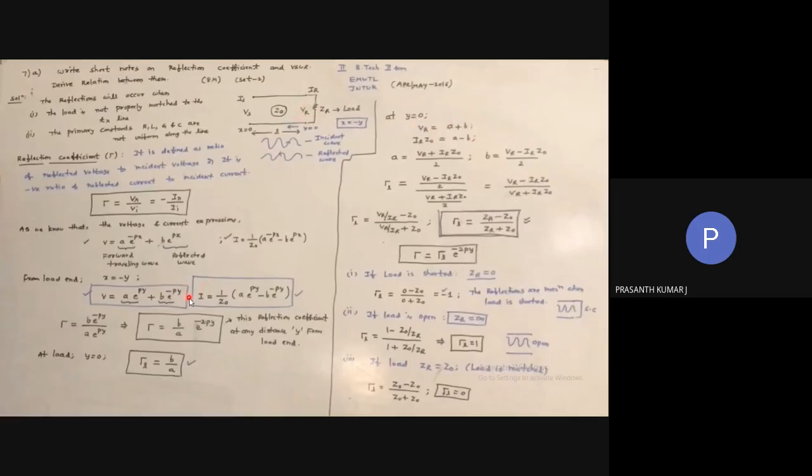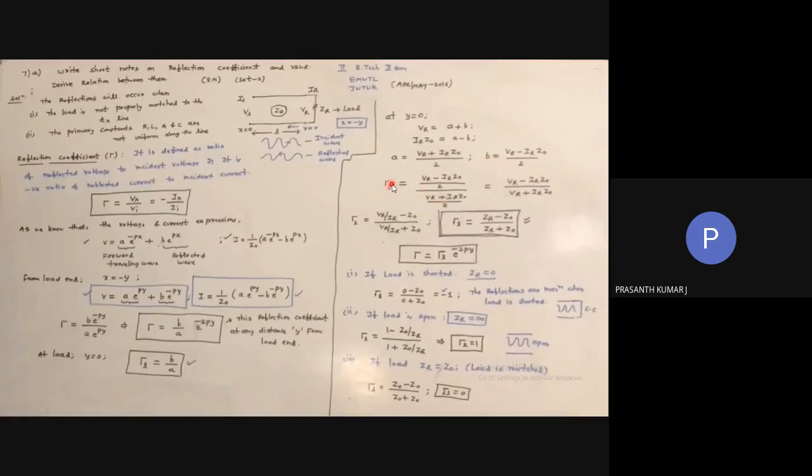VR equal to A plus B. Similarly, at y equal to 0, the current equation gives I into Z naught equal to A minus B. Adding these two equations, plus B and minus B get cancelled: 2A equal to VR plus IR Z naught, and A equal to VR plus IR Z naught by 2. Similarly, subtracting these two equations, we get B equal to VR minus IR Z naught by 2.